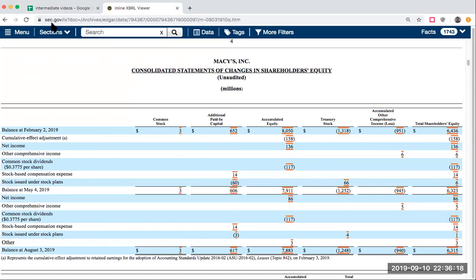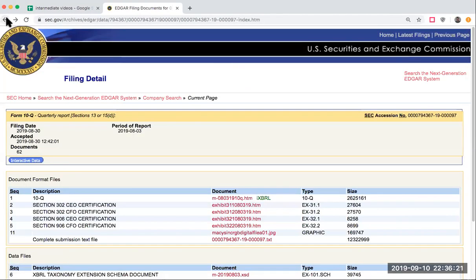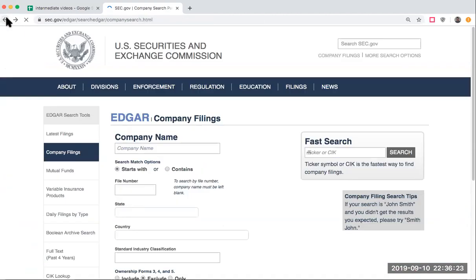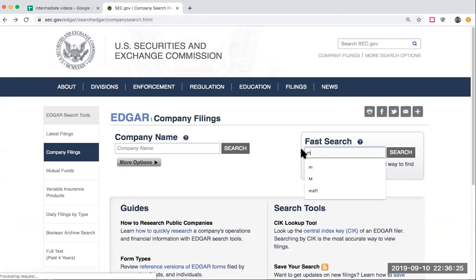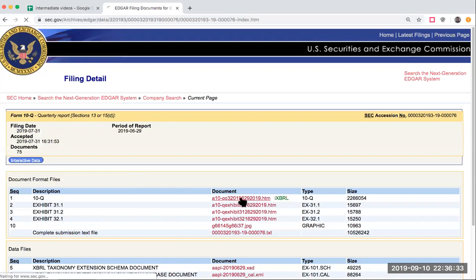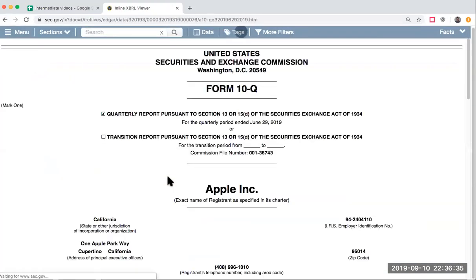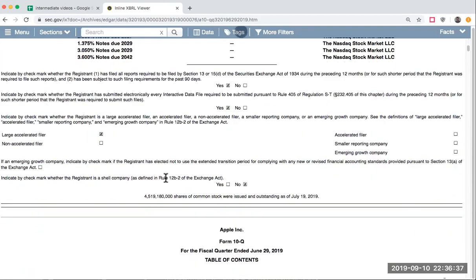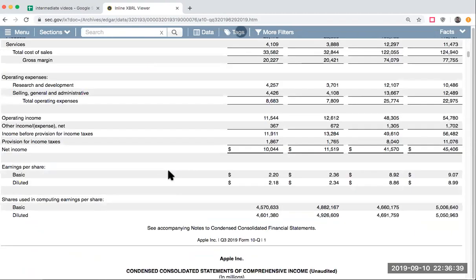Okay, so let's take a look at one of my favorite ones, which is going to be Apple. Let's go over here to Apple. And when we look at Apple Computer, let's kind of go down here.